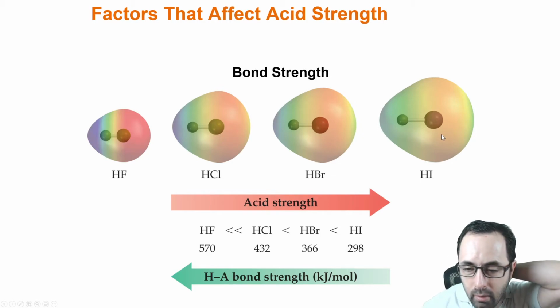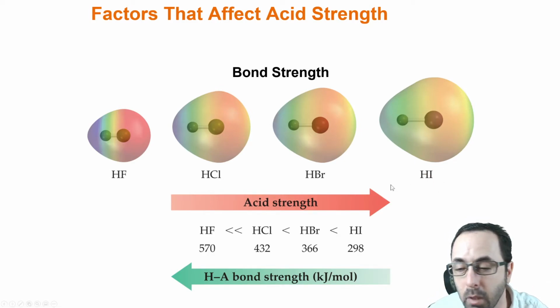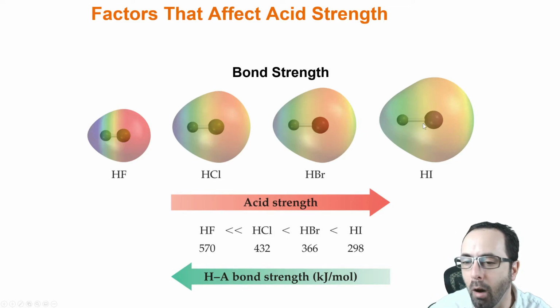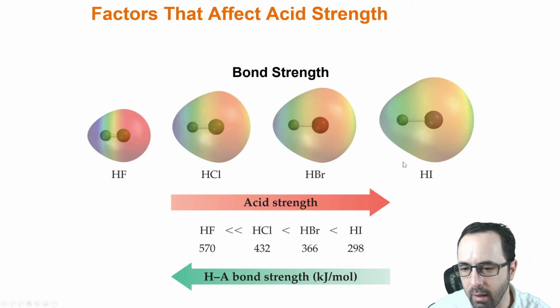Basically, it's related to the bond strength, because the bigger the anion, like iodide here, is a much bigger anion than fluoride, and the result is that the bond between the H and the I is longer. And you may remember from your previous 150 class, the longer the bond, the easier it is to break. A longer bond is weaker.